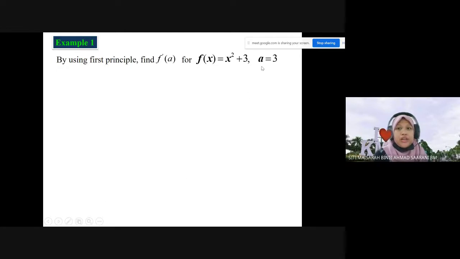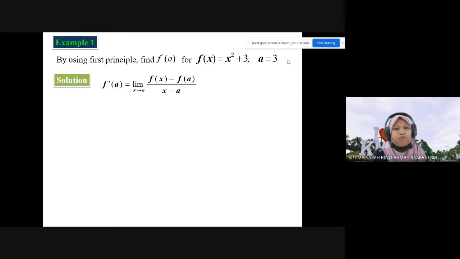Yang ni dia ada point dia kat sini. A equals to 3. So kalau ada point kat sini, kita pakai f prime A equals to limit x approach A, fx minus fa over x minus A, sorry. Kalau yang tak ada point tu, kita akan pakai yang fx plus h minus fx over h tu. Okay, so actually dia benda yang sama, just dia derive lah jadi bentuk macam ni.